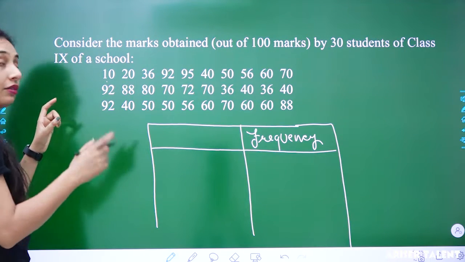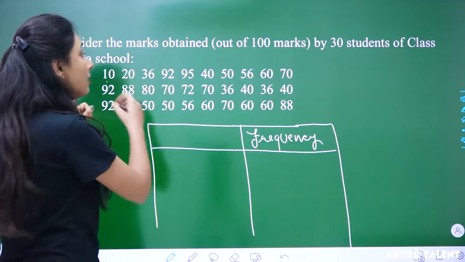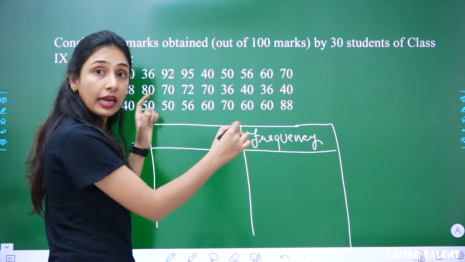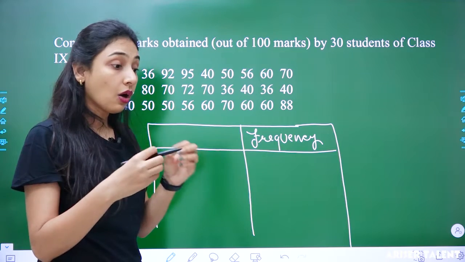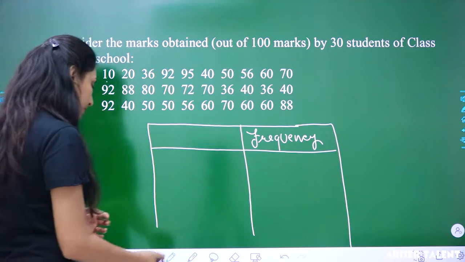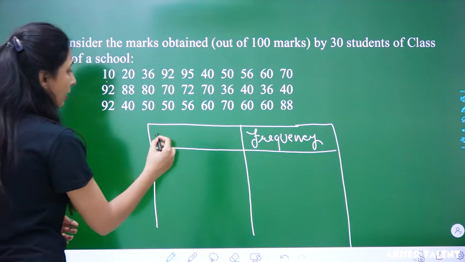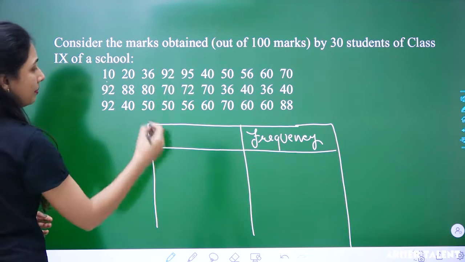What you will be doing in your notebook, you will first write in order, and after writing in order, it will be really very, very easy to count how many times. So here we are having marks of 10.